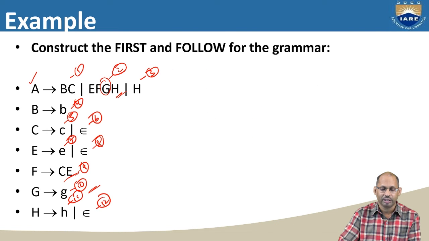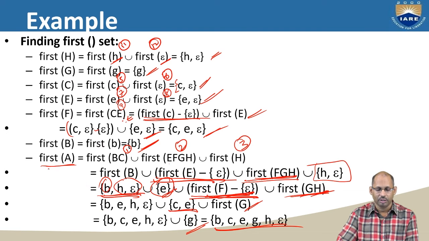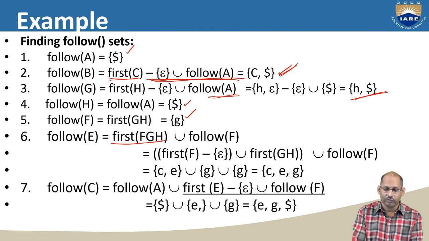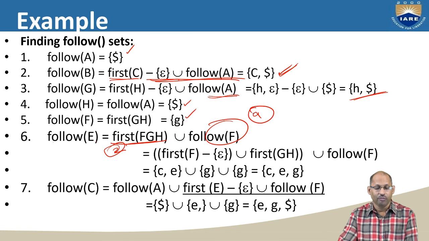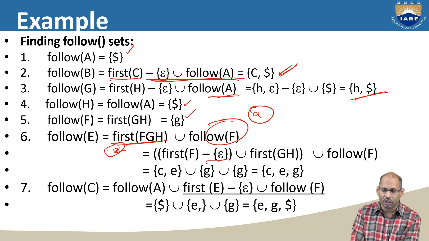Then follow of E. It is present in which places? In the second production and the ninth production. From the second production, from the ninth production, follow of E is follow of F. First of F has epsilon. Then consider first of GH.